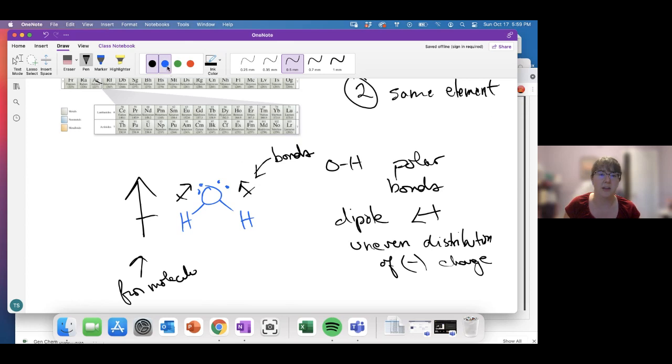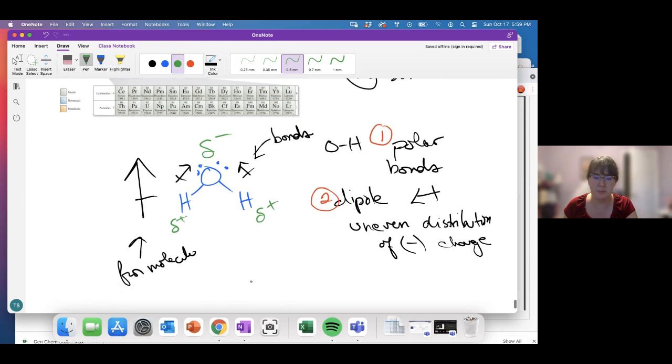So there's polar bonds. There's also a dipole. I could also draw on this a partial negative charge and partial positive charges.